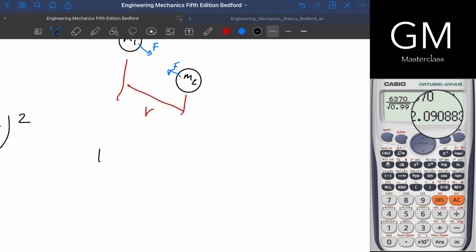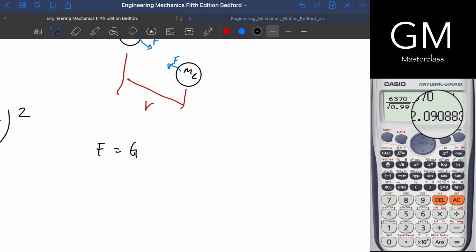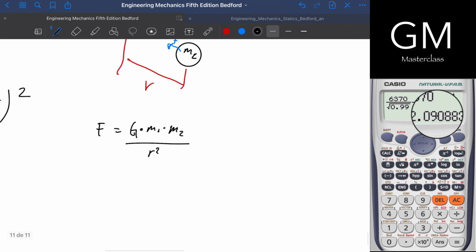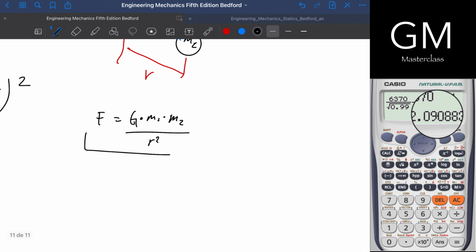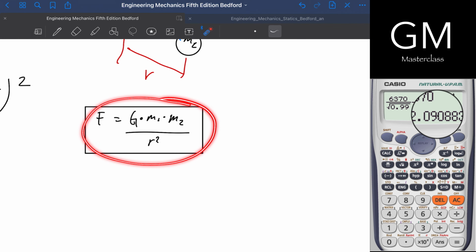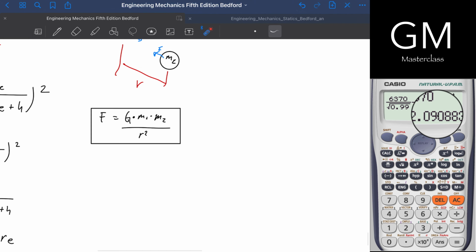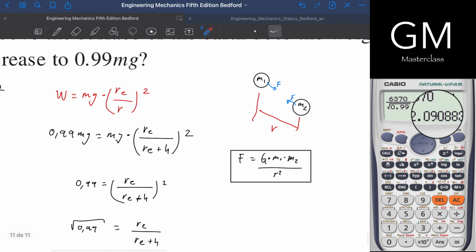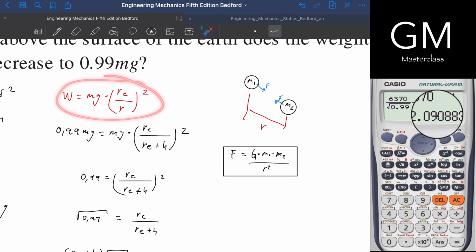That force is equal to a constant G multiplied by m1 multiplied by m2 divided by r to the second power. This is what Isaac Newton said. Now, starting from this equation is what we're going to do to get to this equation.